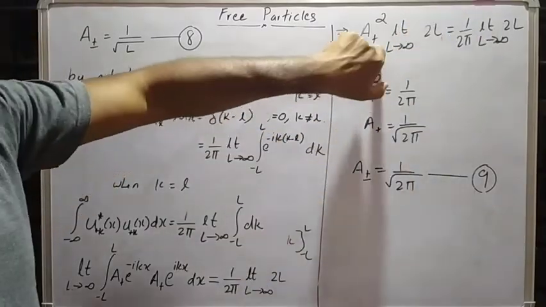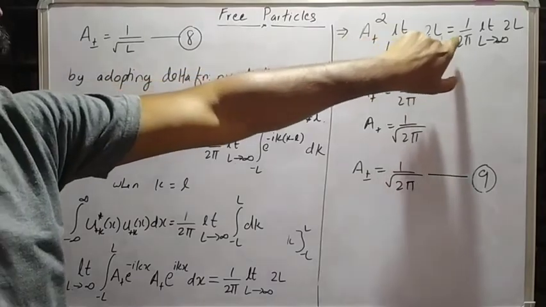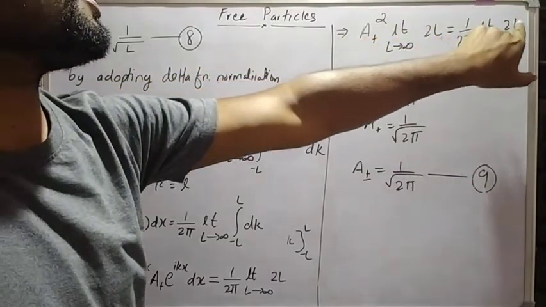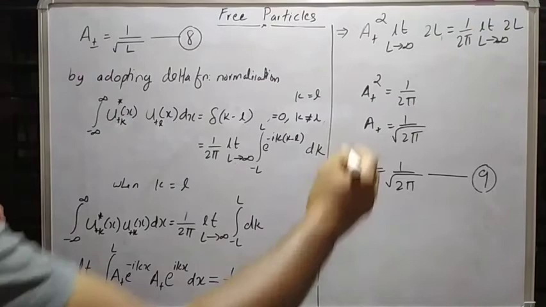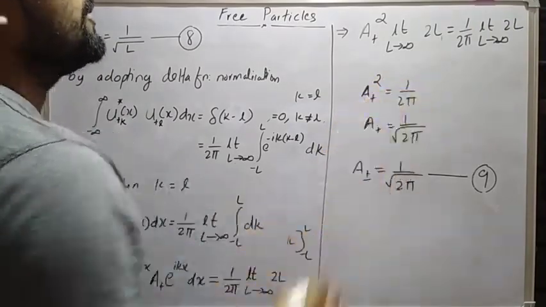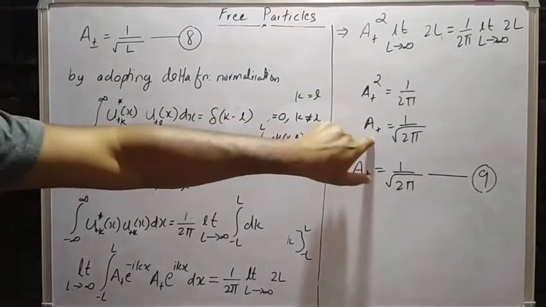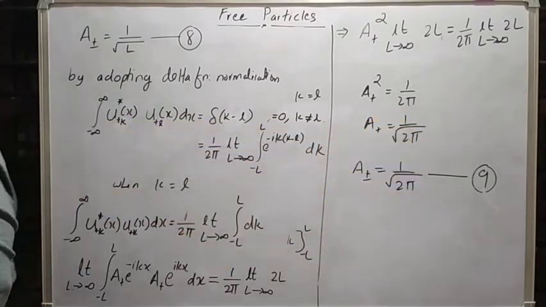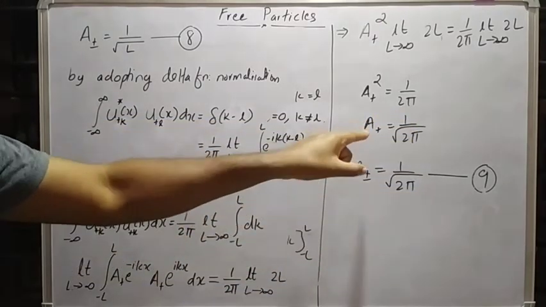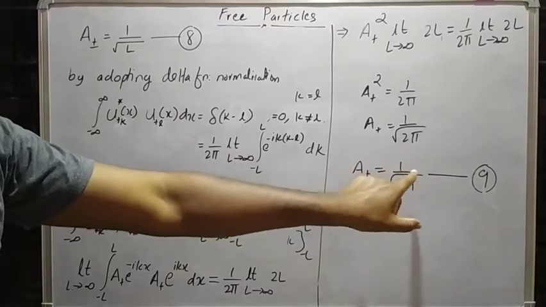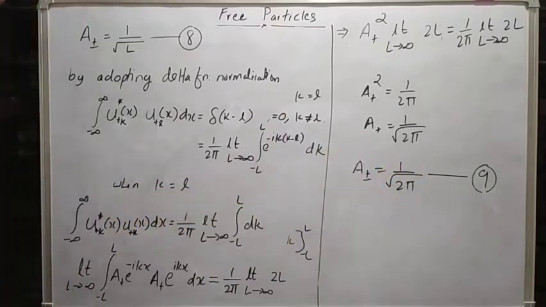So here a plus square limit L tends to infinity 2L is equal to 1 over 2 pi limit L tends to infinity 2L. So we can take a plus square is equal to 1 over 2 pi. That means a plus equal to 1 over under root 2 pi, and in a similar manner a minus also is equal to 1 over under root 2 pi.